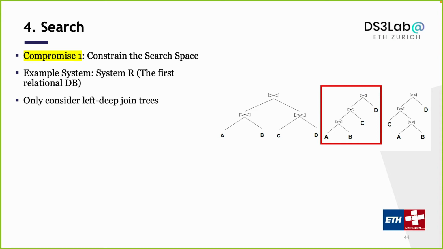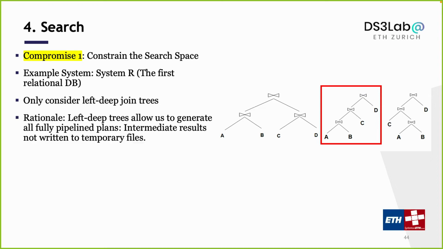Instead of considering all the possible plans, they like the thing in the middle, where you only grow to the left. You first join the 2 relations, then join with the third one, then join with the fourth one, and so on and so forth. You just grow it. You do not do the thing on the left-hand side, where you join 2, you join 2, and then join the results of these 2. You do this left deep join tree.